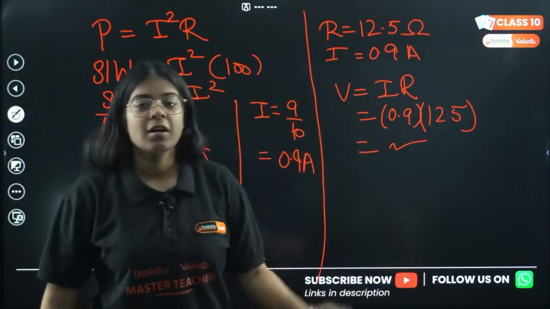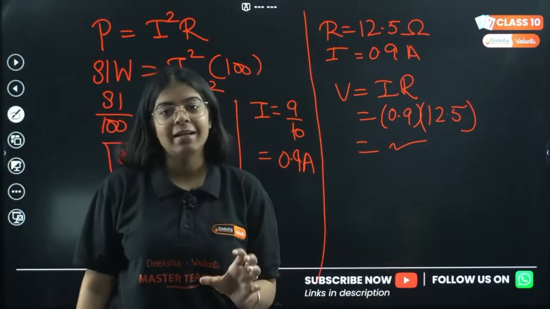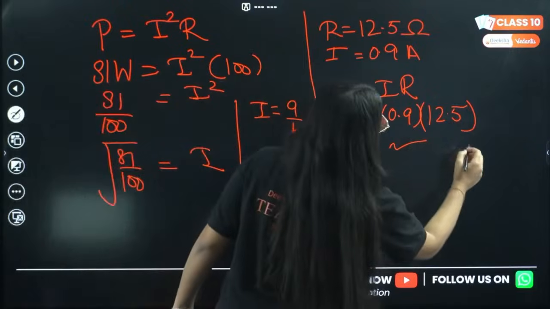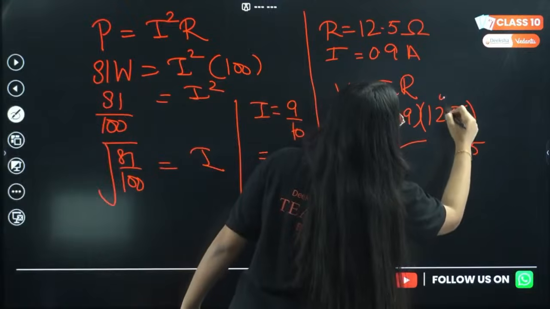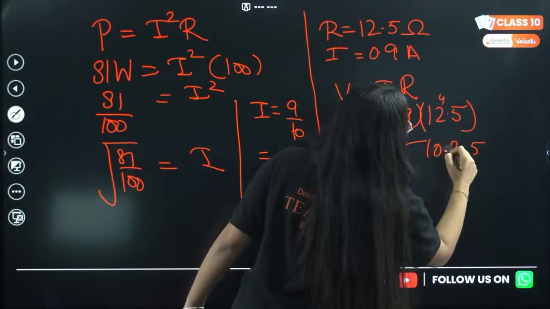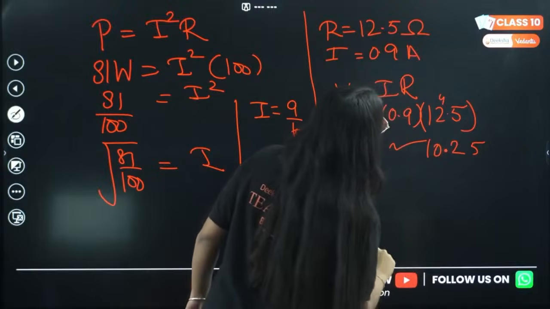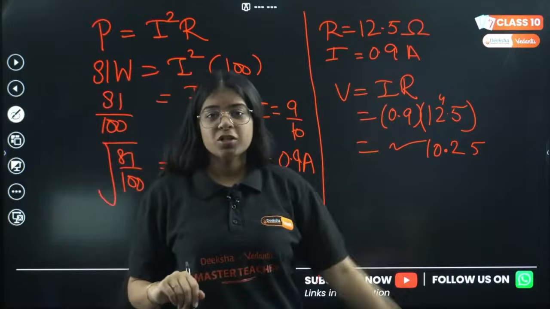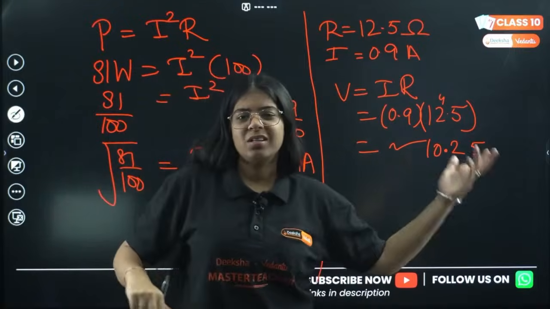The voltage is the product of current and resistance. When you calculate this, it will be around 11.25. Whatever the calculation, you can do it by yourselves and recheck.